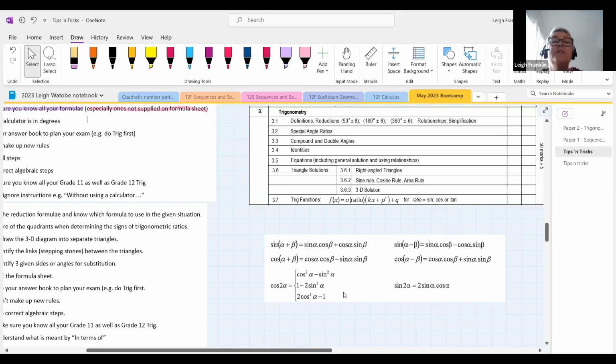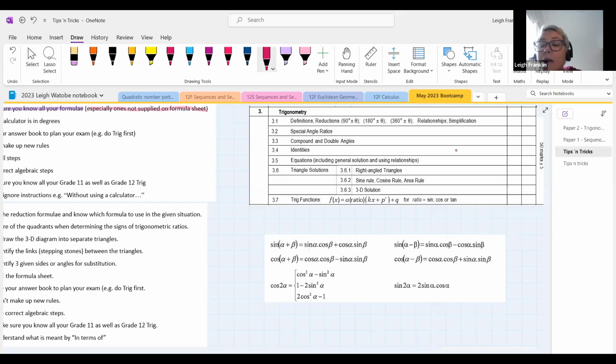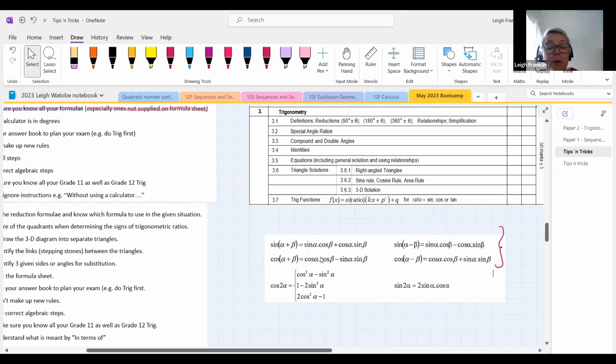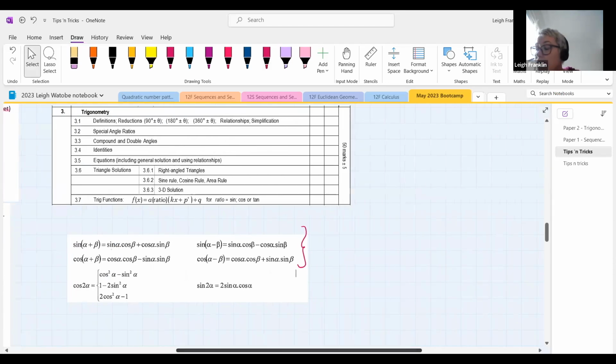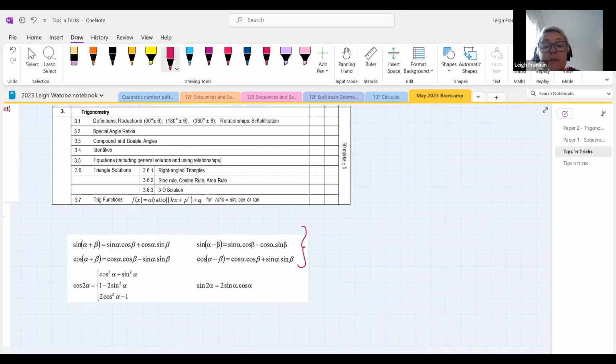These are our compound angle formulae, the ones up at the top over here, that are supplied to us. And the other thing that they give us are our double angles.